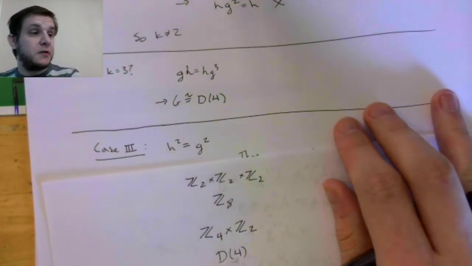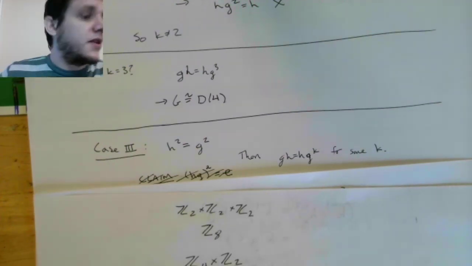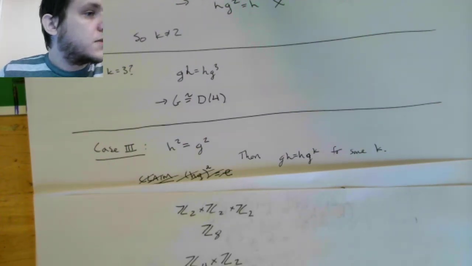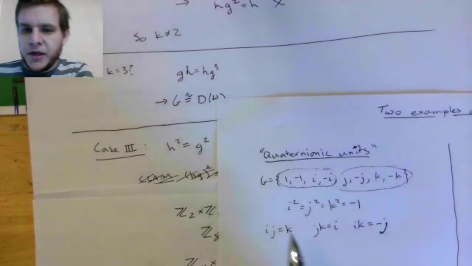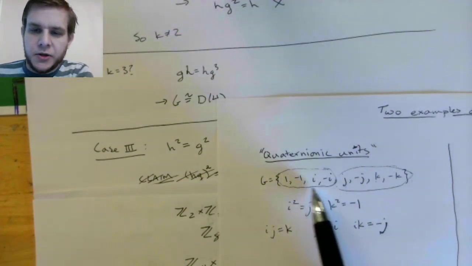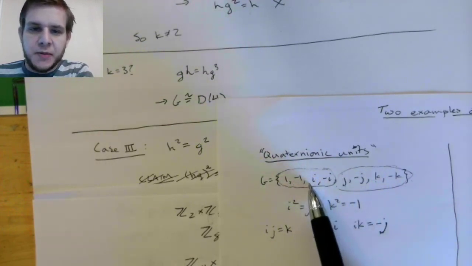And this should be very reminiscent of what we did at the start of today's lecture with the quaternionic unit group, because when I take the quaternionic units, g and h, g is going to be something like i, right?